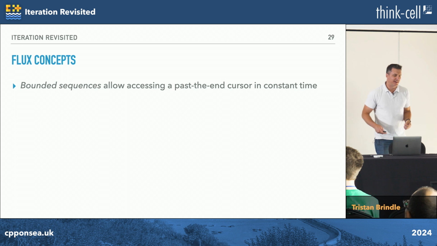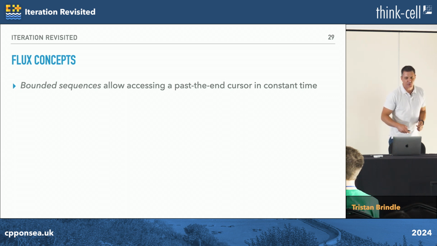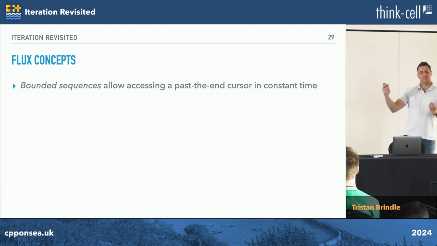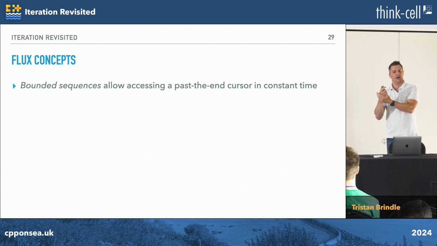There are a couple of other concepts that are less important, but I'll include them for completeness. The first is bounded sequences. The way we check for the end of iteration in Flux is using a function called is_last, right?